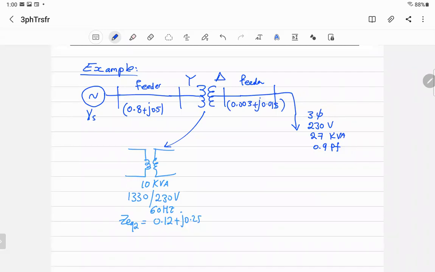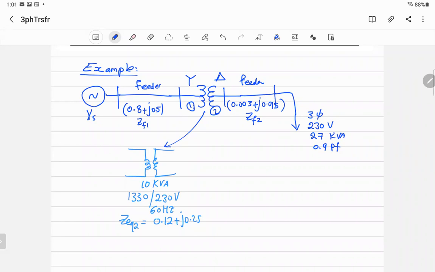To make everything easy, I will call the impedance of the feeder ZF1, because usually I like to refer to the primary by 1 and the secondary by 2. So the feeder on the other side I call ZF2, feeder number 2, and that's the load. The load is given. What is the problem now? What are we trying to find? It's a very practical problem. You have a load connected through the feeder to the transformer, and the transformer connected to the source.